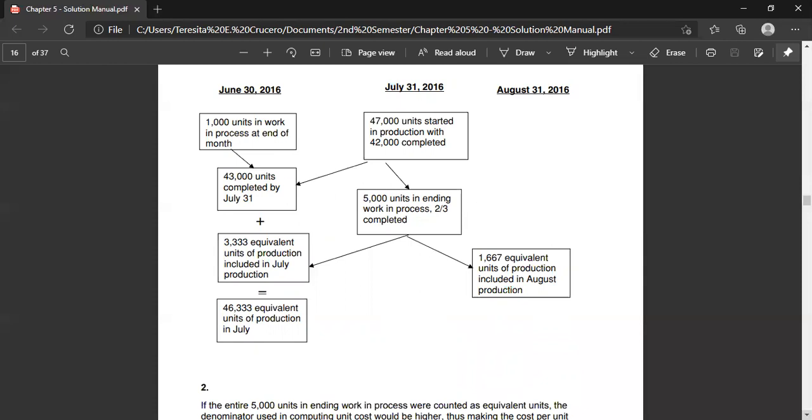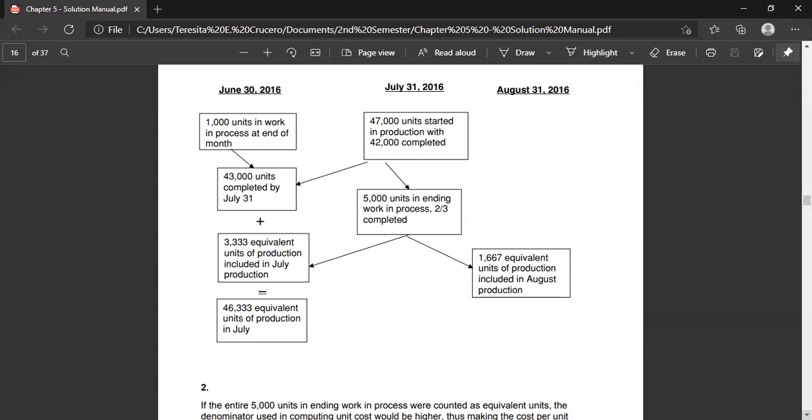47,000 units started in production, out of which 42,000 units were completed. So take note, 47,000 units started in production during July. So out of this, 42,000 units were completed in addition to the beginning work in process.